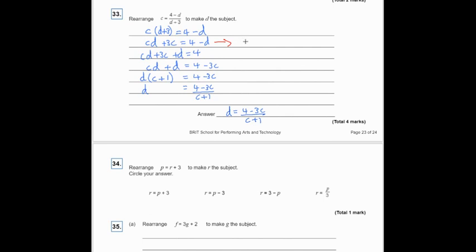So, having rearranged it that way, I would have had 3C minus 4 equals minus D minus CD.